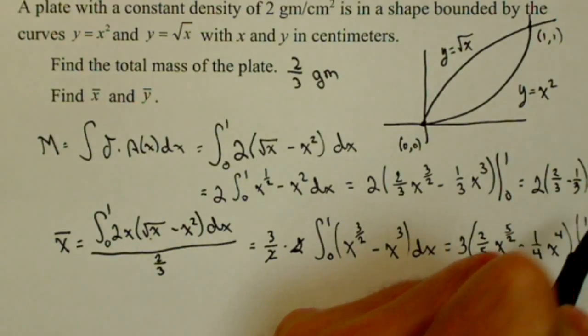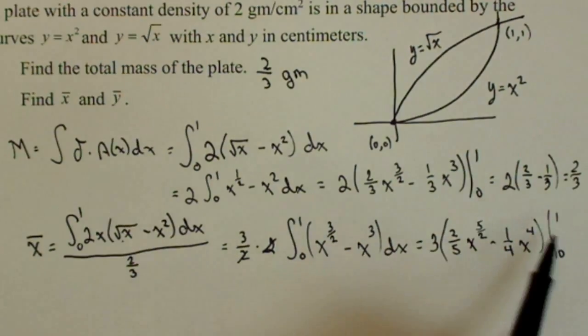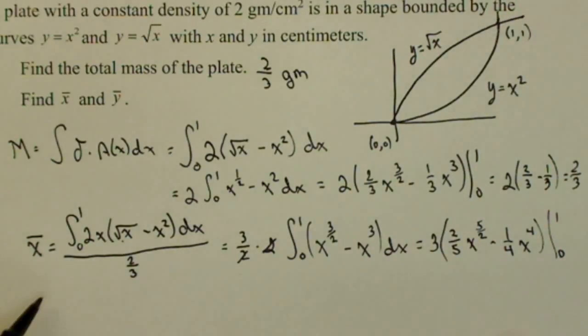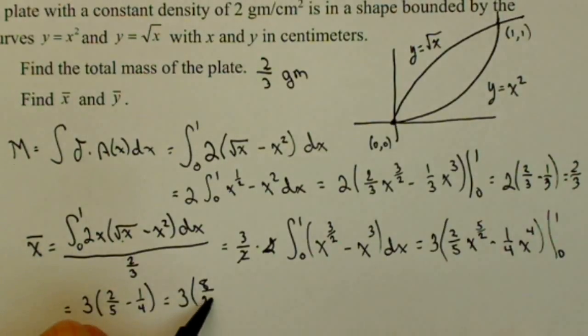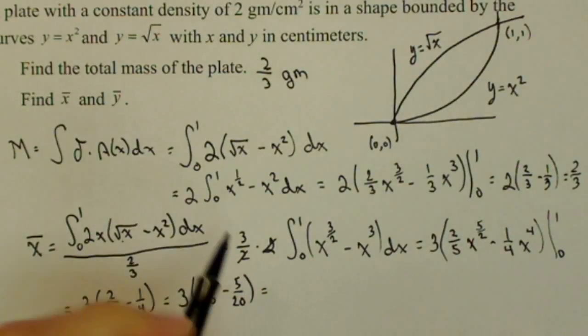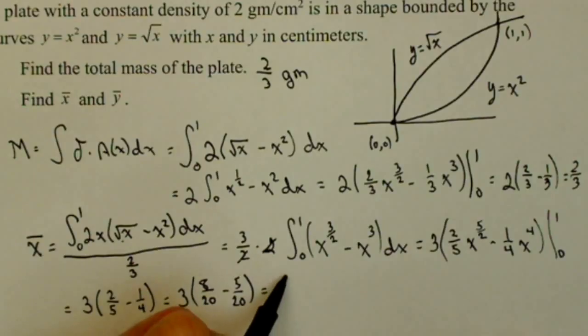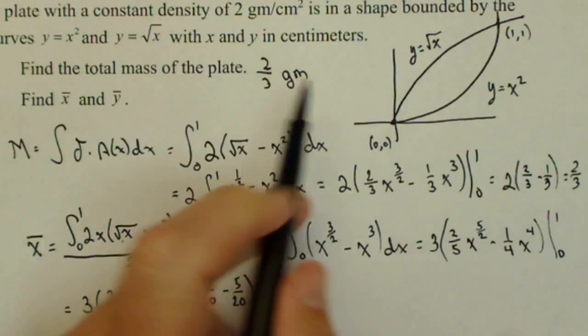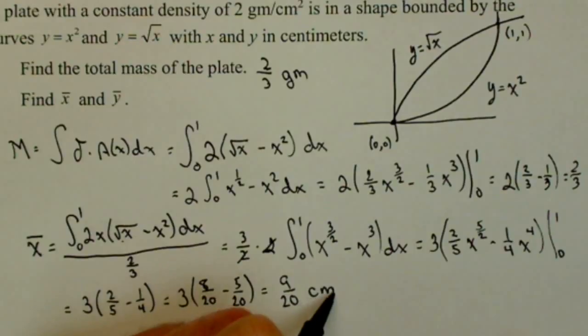We're going to have a similar situation to before, in that we only really need to plug in 1 because our lower limit 0 zeroes the whole thing out. So we're going to have 3 times 2/5 minus 1/4. Let's put these into 20ths to get a common denominator. 8/20 minus 5/20 gives us 3 times 3/20, or 9/20, and our units on this will be centimeters.